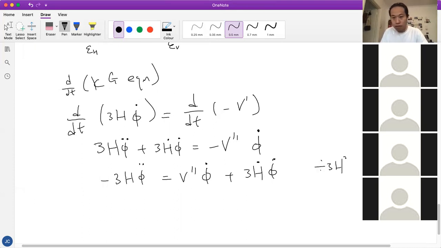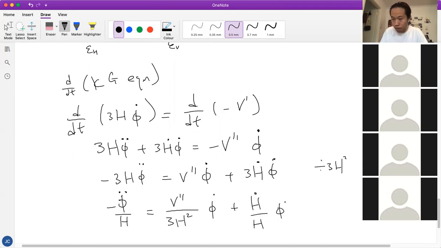Well, I haven't used this notation in a while, since like primary school. Okay, so you get minus phi double dot on h equals v double dash 3h squared phi dot plus h dot on h phi dot.